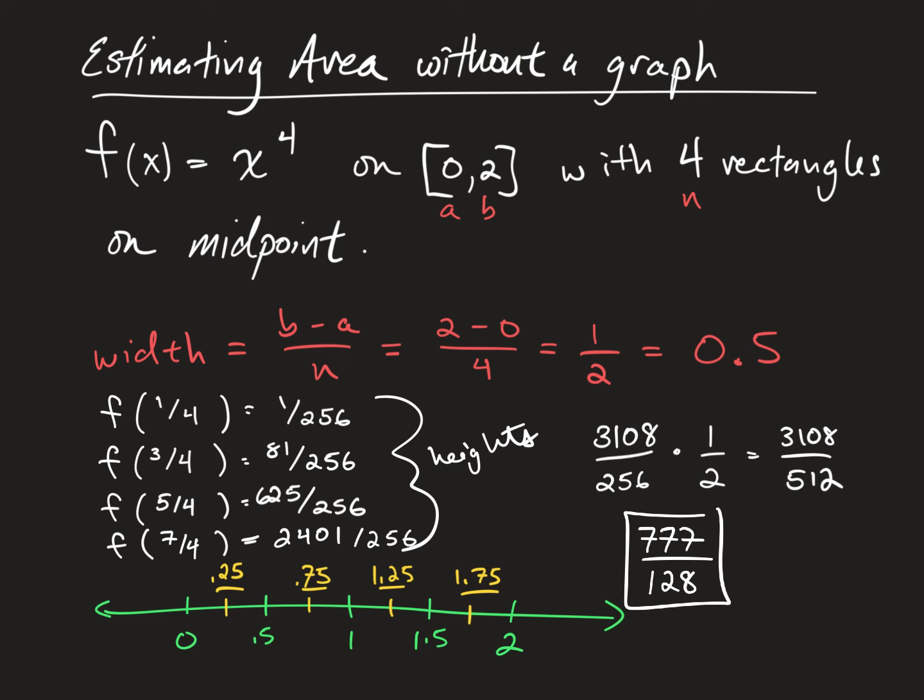Or you can divide and then round to the nearest decimal place as needed. This is 6.0703125, and it's not approximately, it is exactly equal to that.